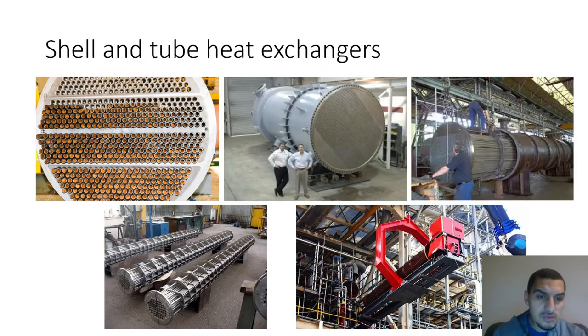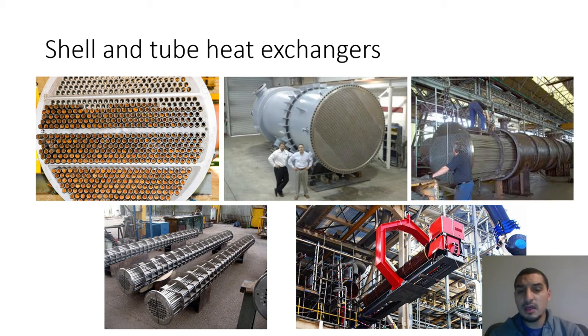I just want you to take a look at these photos first, before we talk about the routing. The fluid that's flowing in the tubes is going to be contacting only the tubes. It's not going to see any other tubes or any other material.